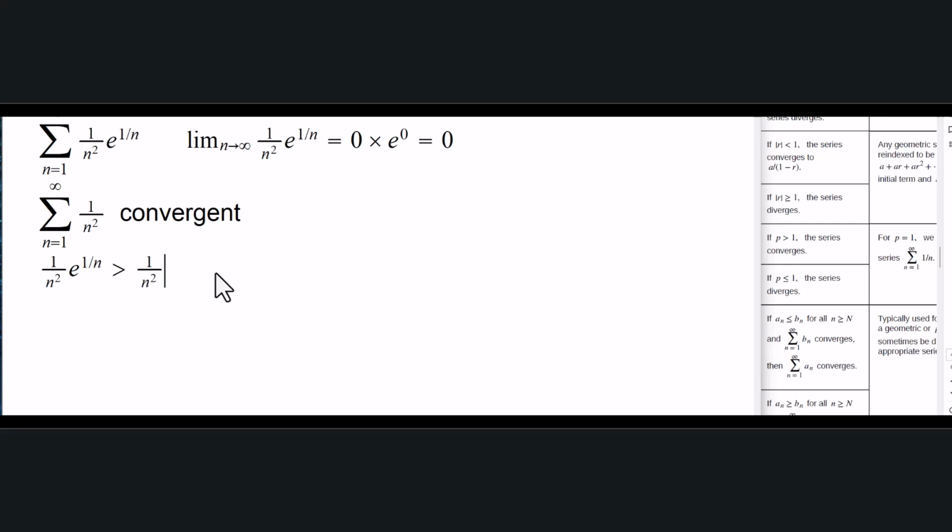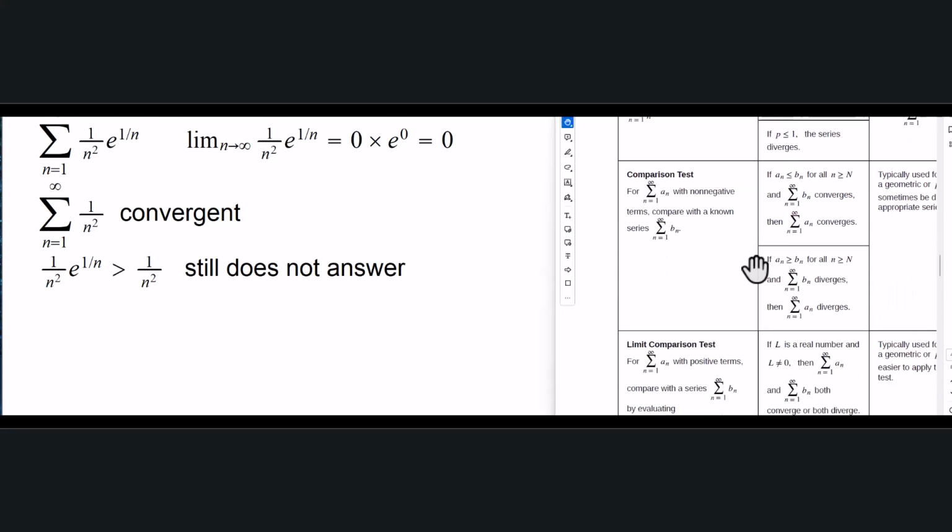But being greater than a convergent series doesn't tell us much. So this one does not answer. Okay, so we are going to go to the next.